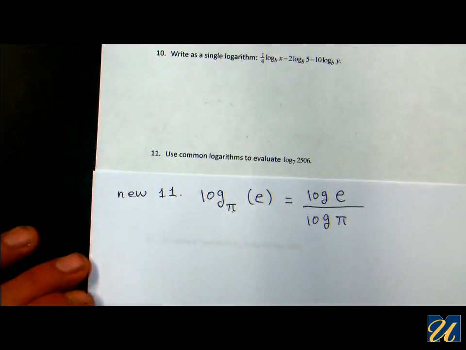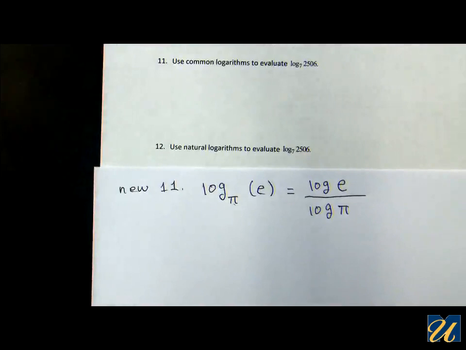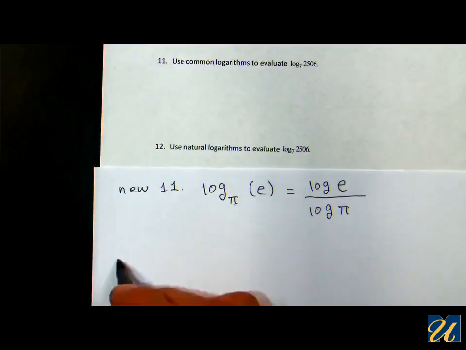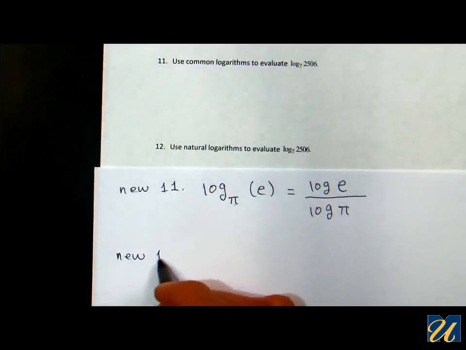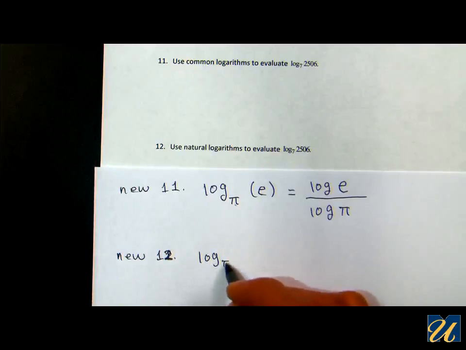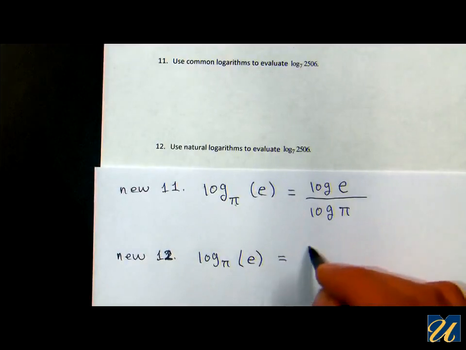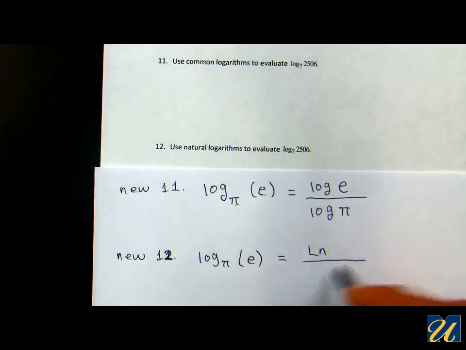So problem 12 asks us to convert to natural logarithms. So let's take the same one, log base pi of e, and let's rewrite that using natural logarithm. Okay, so we'll have a natural log on the top and the bottom, and the same rule.